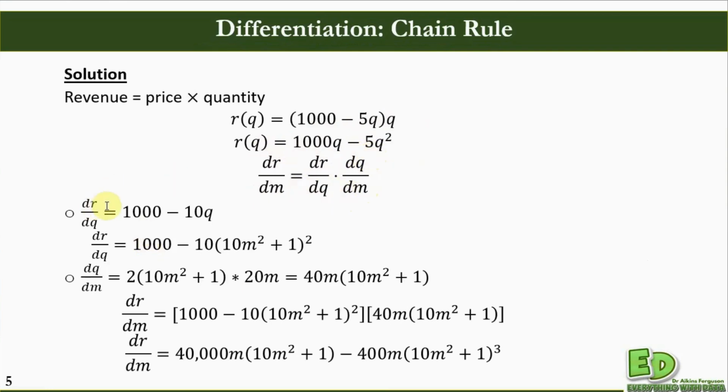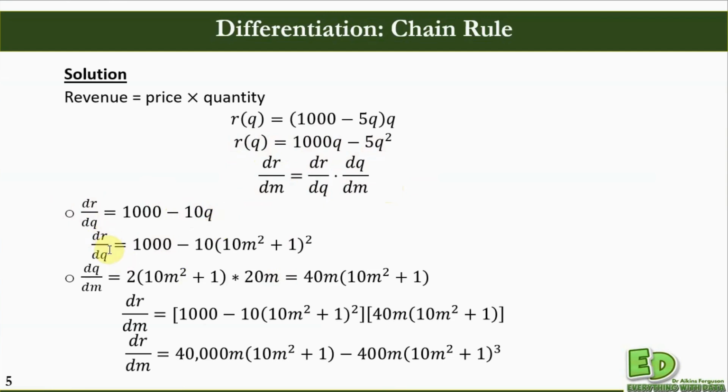We have to look for dR/dQ first, and then dQ/dM. dR/dQ simply means differentiate your total revenue function with respect to quantity. So dR/dQ will give us 1000 minus 10Q, i.e. the differential of 1000Q minus 5Q squared.